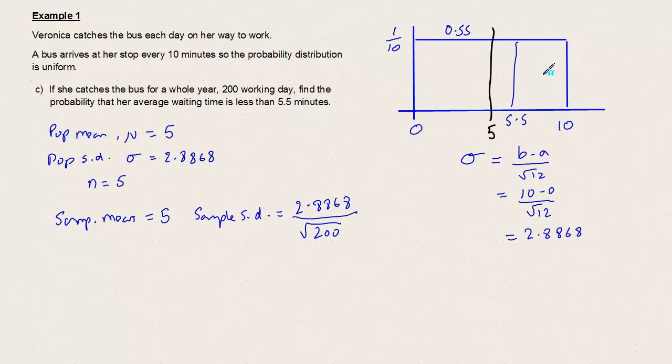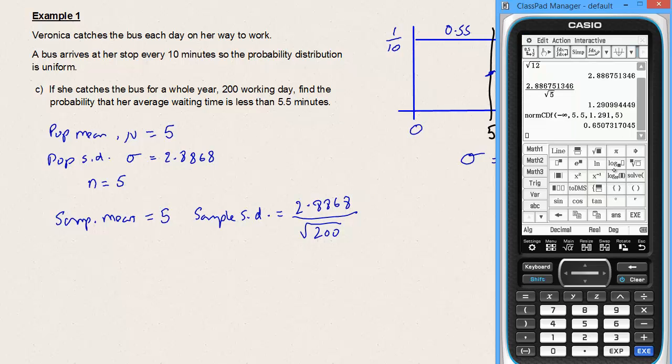Now this makes sense if you just think about it. On a small sample like 5 days, there's a good chance that even with an average of 5, we'll end up with a few buses up in this sort of region. But over 200 days, we'd expect to be much closer to the average of 5. So let's see what happens when we actually calculate it.